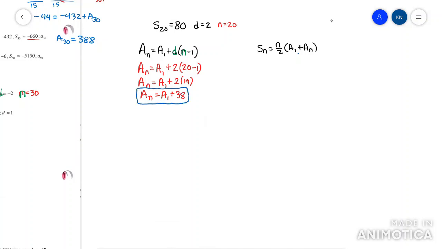So now you come over to the second equation. S of 20 was 80, so 80 is the output when the number is 20. I just use this right here. A1 is A1, and then A sub 20 is blue box. I guess these over here should have said 20.